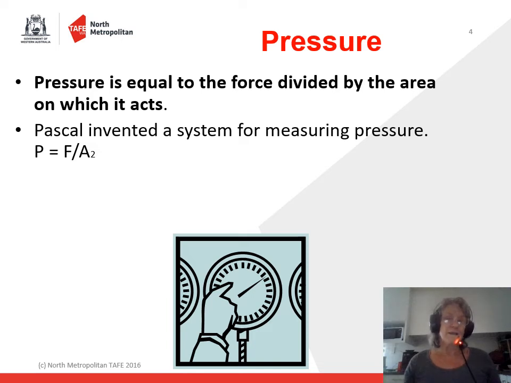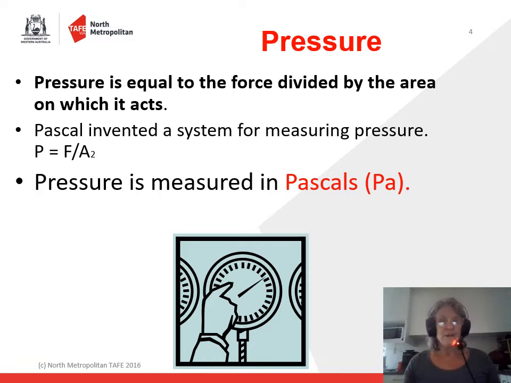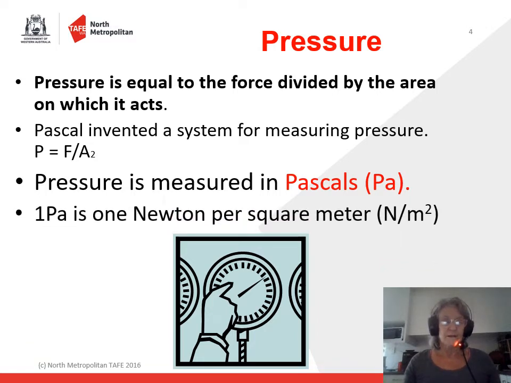So a guy called Pascal invented a system for measuring pressure, and there it is. Pressure equals force divided by the square area. And we measure pressure in pascals because that guy's so great. So 1 pascal of pressure equals 1 Newton of force over a square metre.